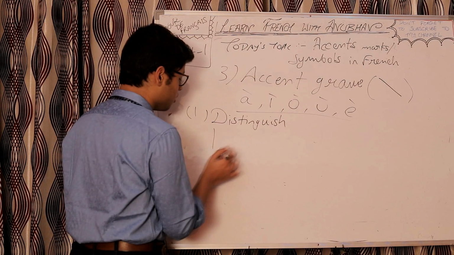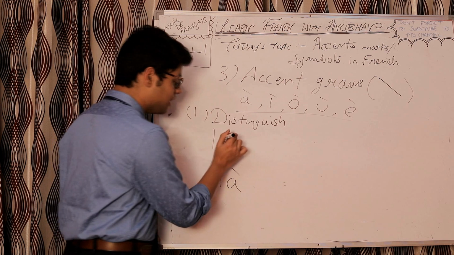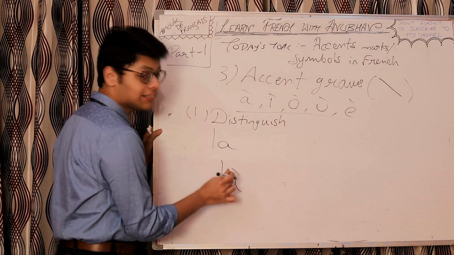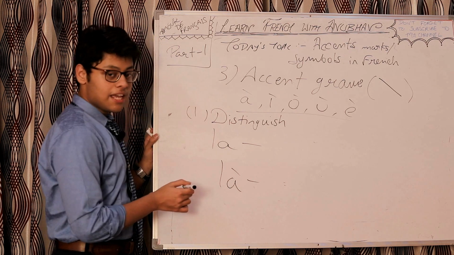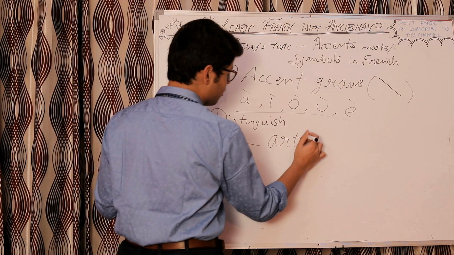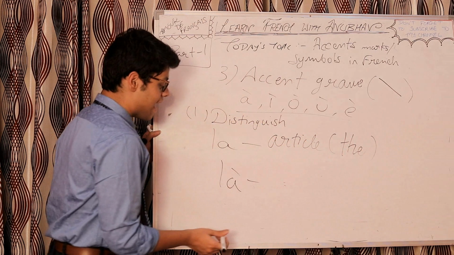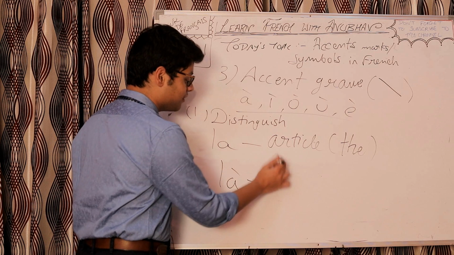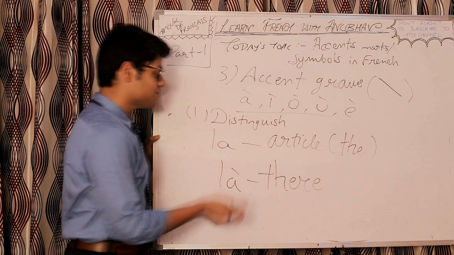Next example, la and là. One without an accent, and one with an accent grave. So, what would they mean? La is the article which means the, and là, this one means there. See, so much difference.